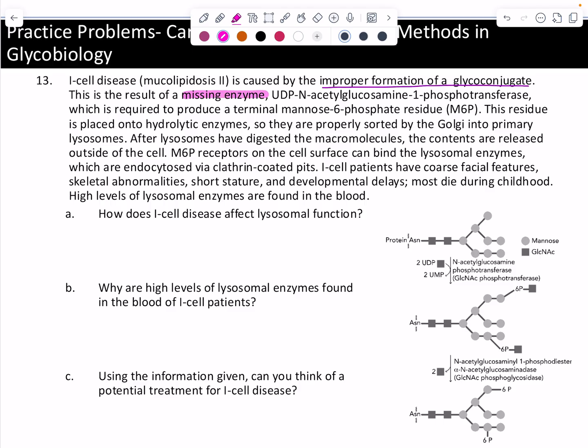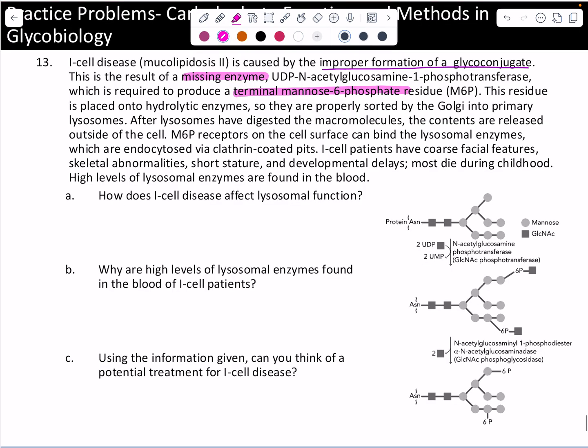And that missing enzyme, okay, is required to add a terminal mannose-6-phosphate residue, okay? So this is, let's see, here's our mannose 6-phosphate right here, okay?